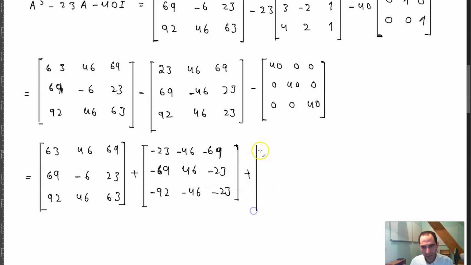Plus again the negative of this matrix, which is negative 40, 0, 0, 0, negative 40, 0, 0, 0, negative 40.